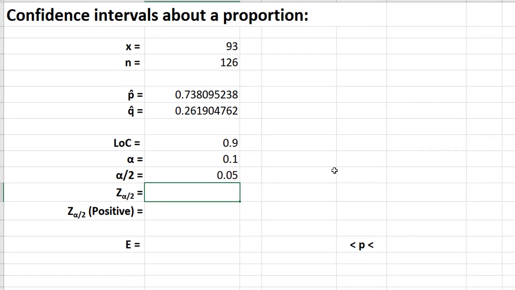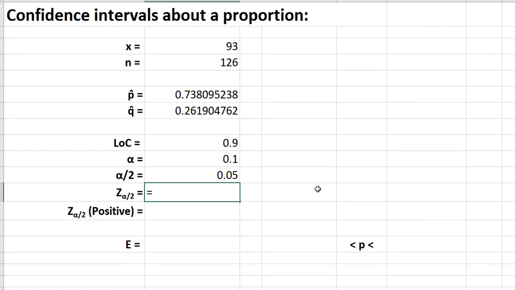Z sub alpha over 2. Well, for that, remember, we use a special function built into spreadsheets. And that function is the NORM.S.INV function. And you'll see what that looks like.